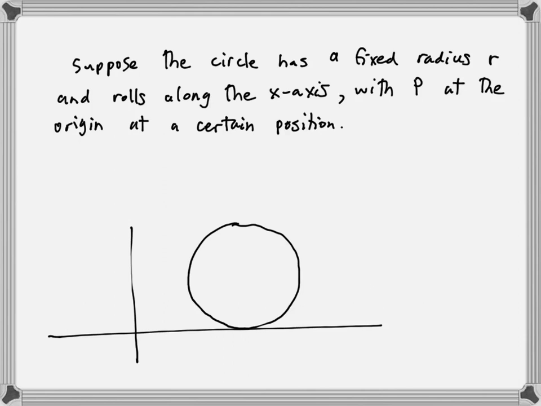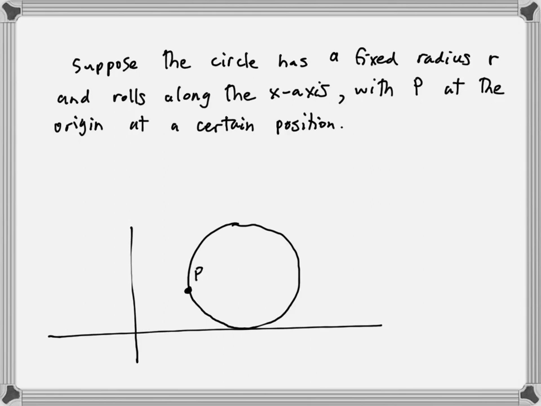Let's suppose that our circle started at the origin and then it's rolled about this much. And let's say that the point P is right here. Okay. This is P.